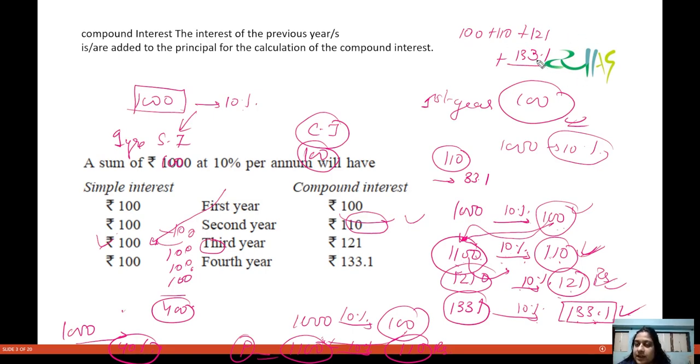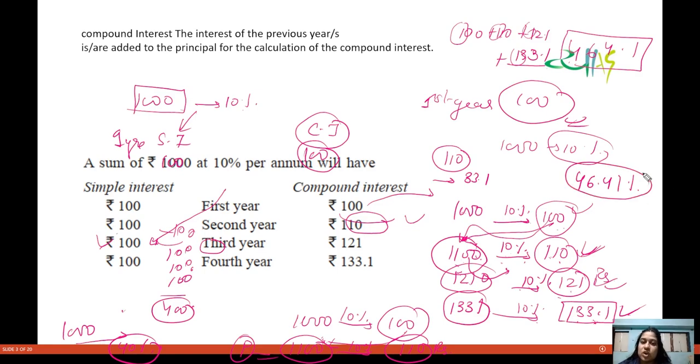What are you going to get? 3 plus 1 is 4, so you can write 4 here, and then 0.1. Then you have 3 plus 2, 5, and this is 6. You can write 6 here, and here you have 1, 1, and 1. So you have 464.1. So that means your total compound interest after 4 years is how much?